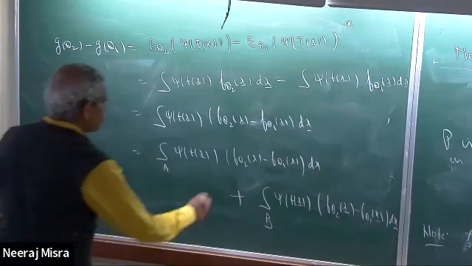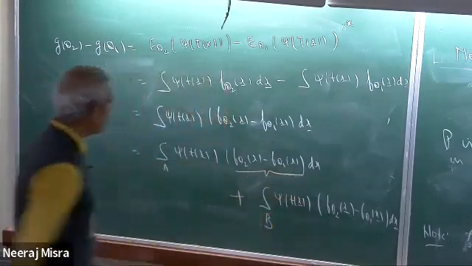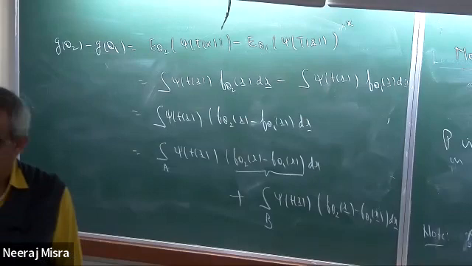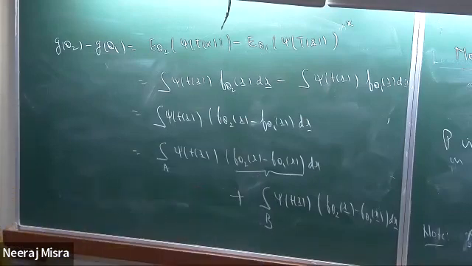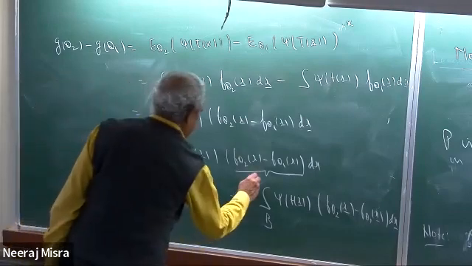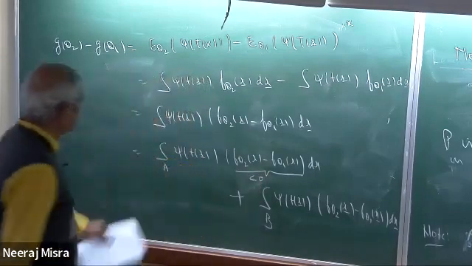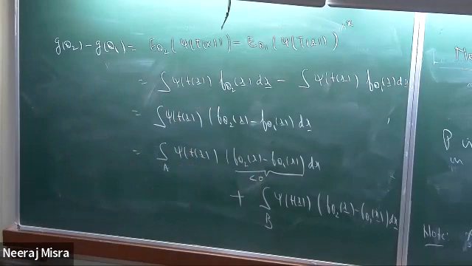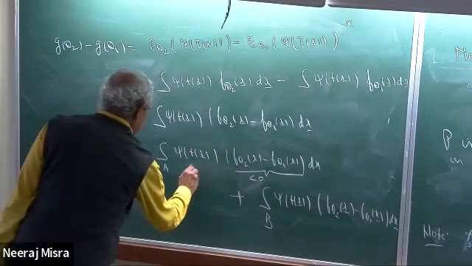Okay, what can you say about this quantity? Over A, what is happening to f_theta2 minus f_theta1? Less than 0, right? So this quantity is less than 0. Over A, what is the maximum value of psi of T(x)? Small a, because small a is the supremum of psi of T(x) over A. And so this would be less than or equal to a.